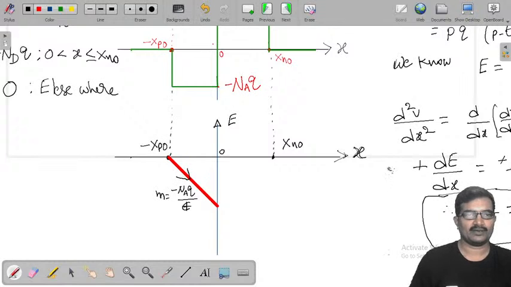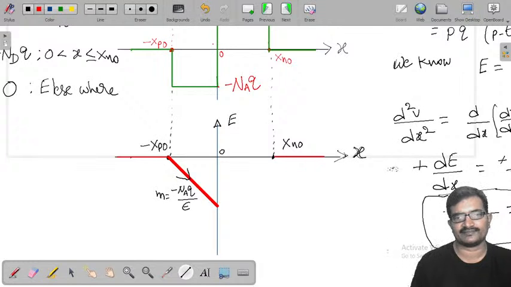Now observe this plot, and one more important thing: from here to here rho v is 0, so once rho v is 0, the electric field is 0. So I am finishing that part also. Here rho v is 0, so the electric field is 0 in this region also.